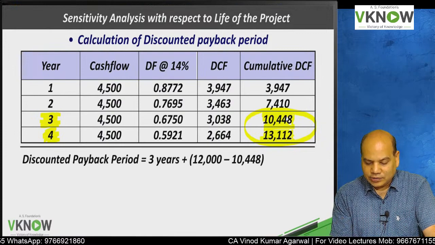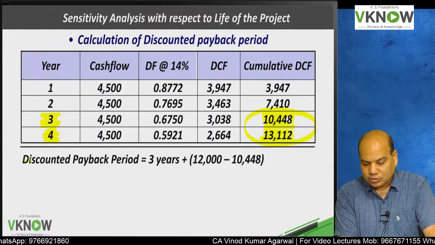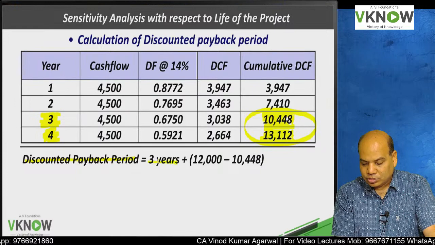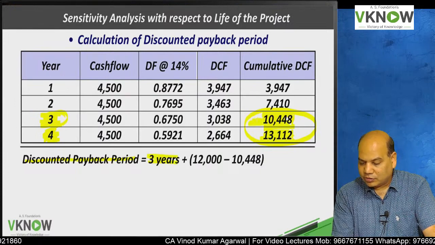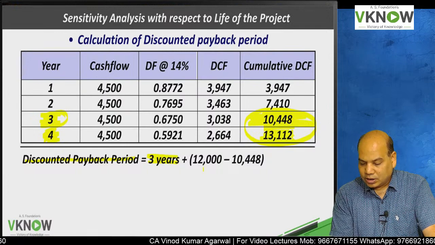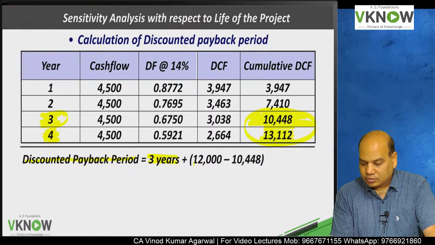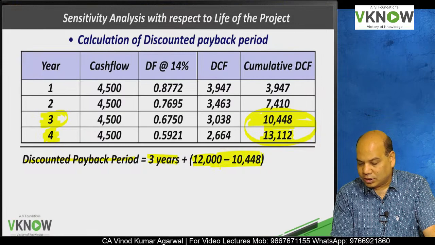To calculate the exact discounted payback period, you will write 3 year, because in 3 year we have recovered 10,448 and I need to recover 12,000 minus 10,448.